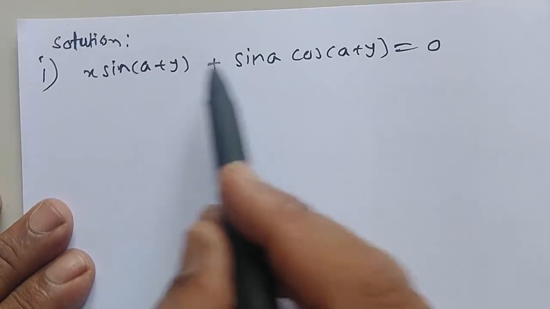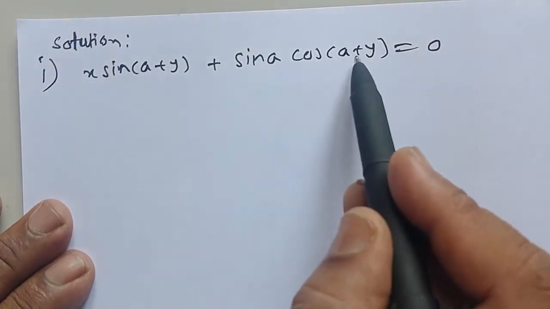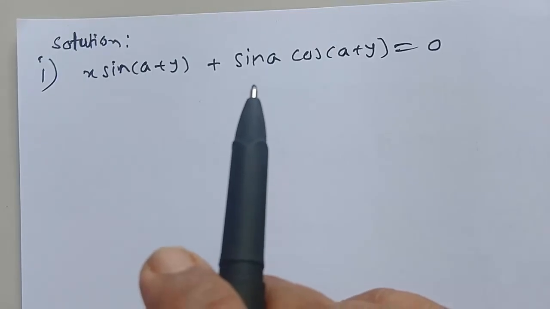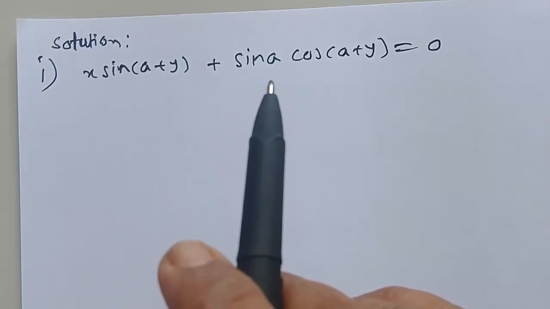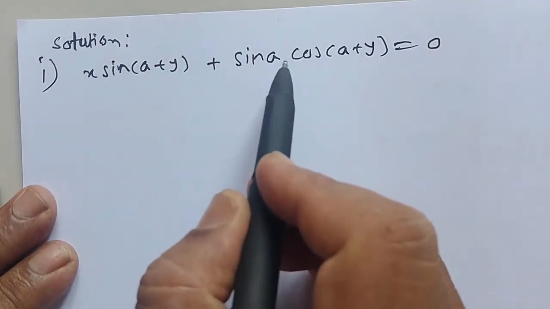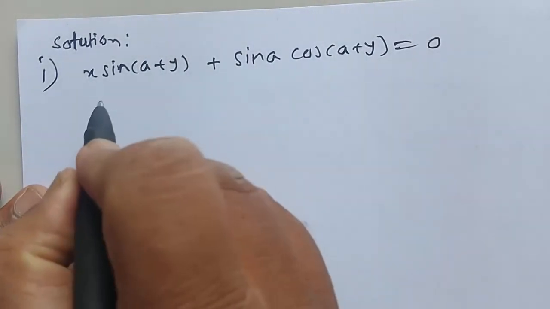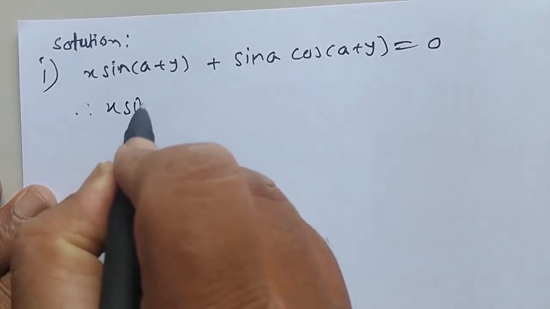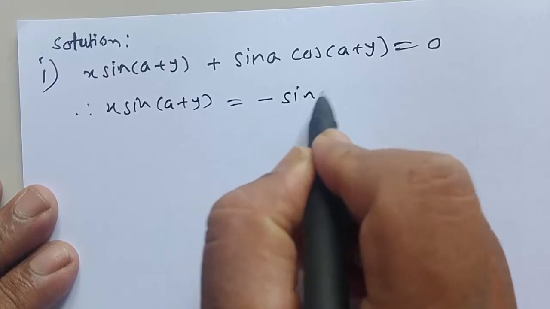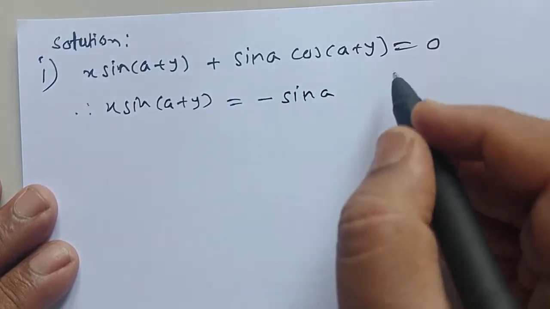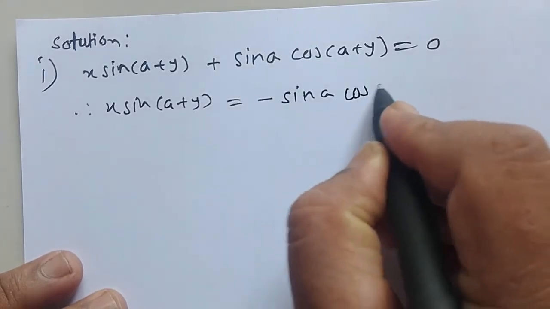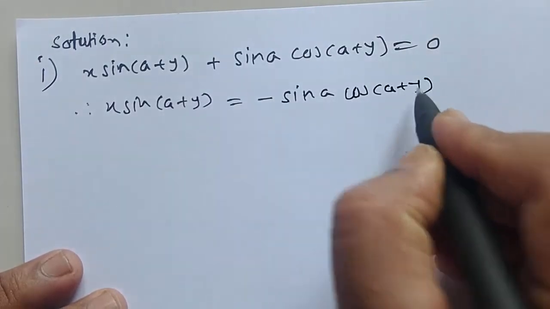x sin(a + y) + sin a cos(a + y) = 0. We do not directly apply the derivative. We simplify this first. Taking the second term to the right hand side, x sin(a + y) = -sin a cos(a + y).